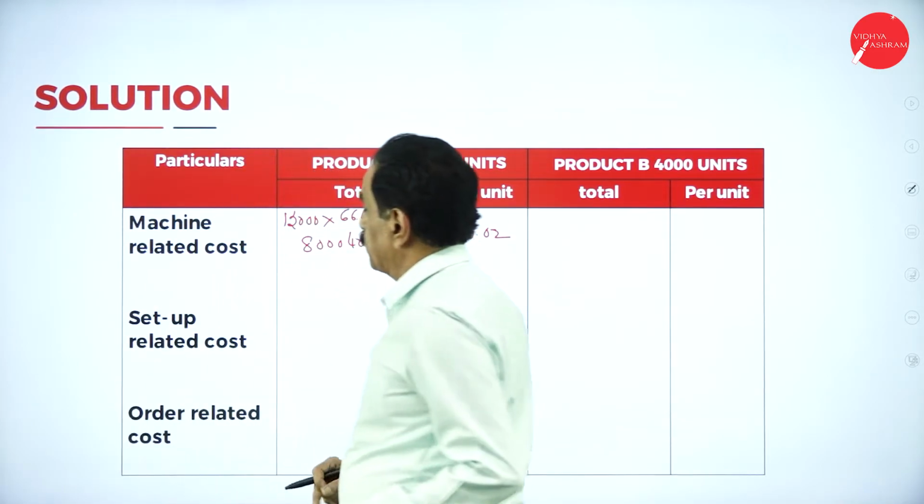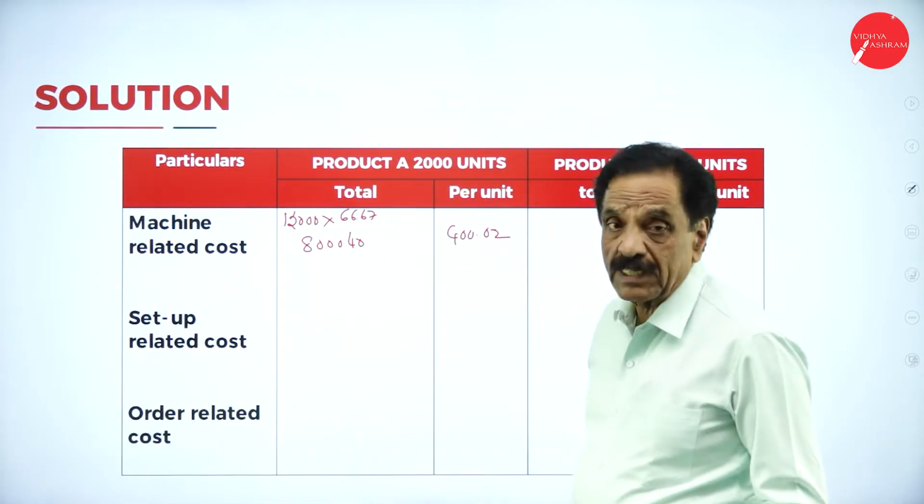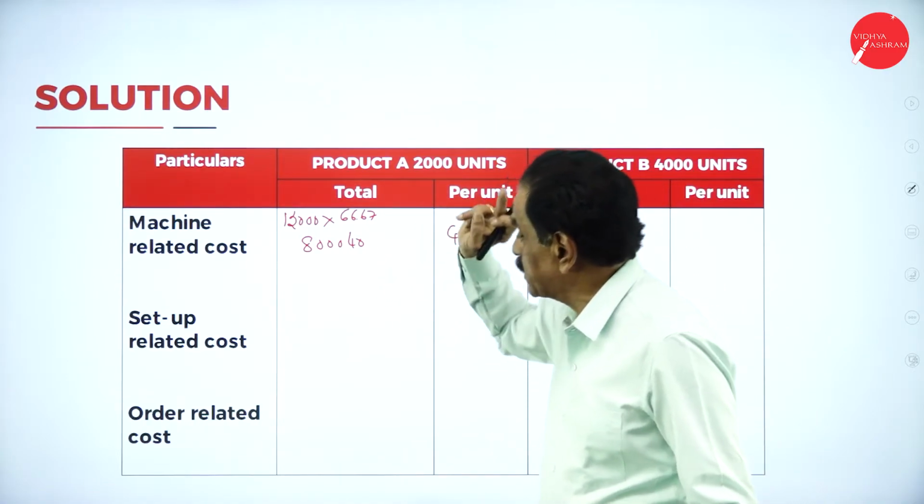This is the per unit machine related cost for product A.